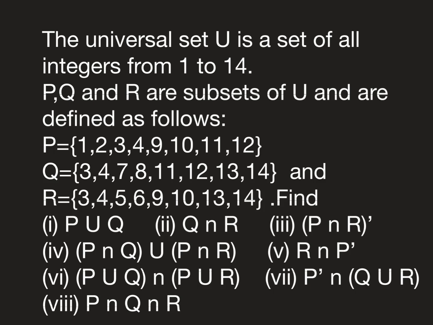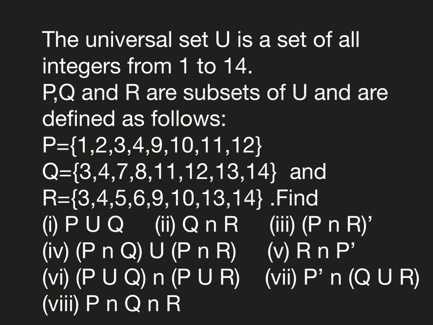Welcome back. In front of us, we have a set problem, and it reads: the universal set U is a set of all integers from 1 to 14. P, Q, and R are subsets of U and are defined as follows.